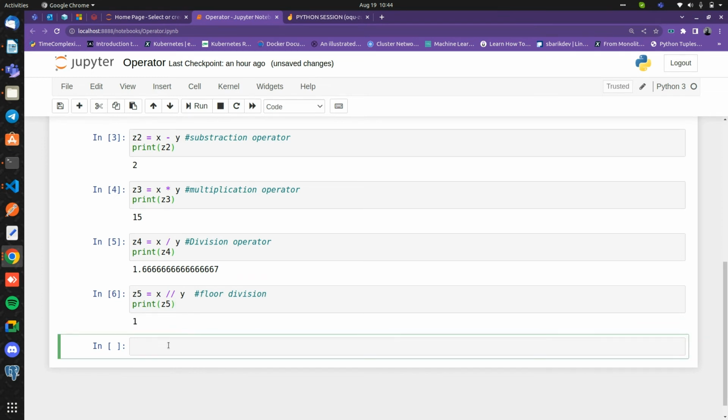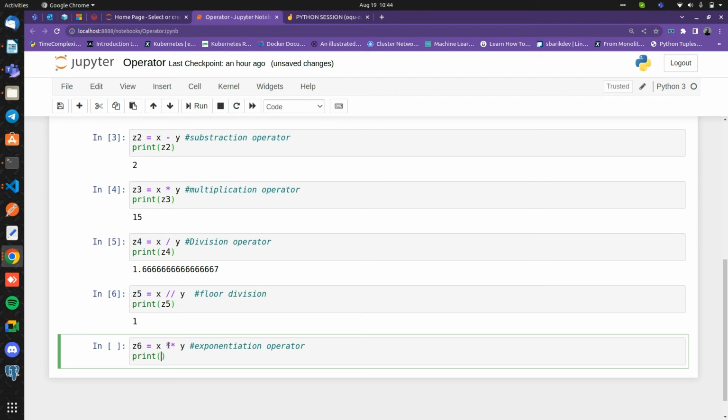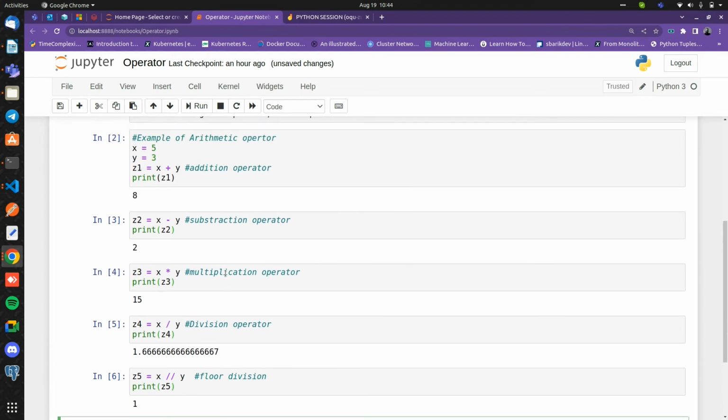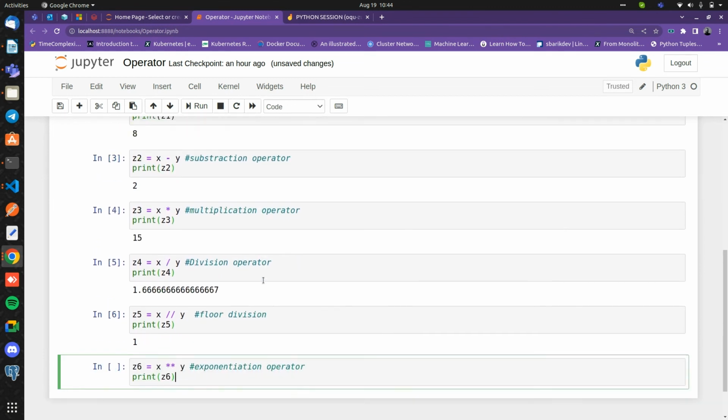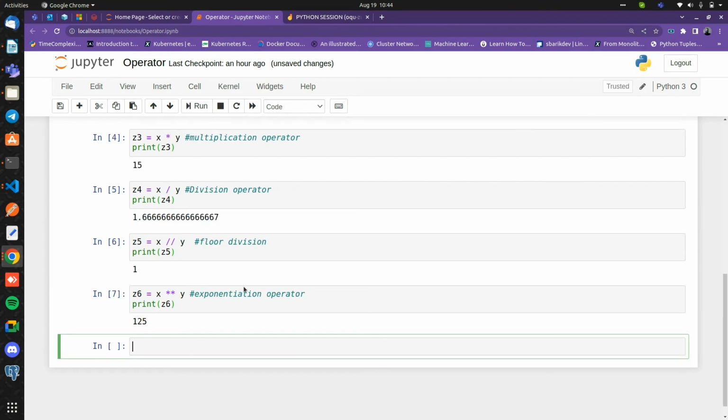Okay, and let's say z6, that is my exponential, x double asterisk y. It's called exponentiation. Let me print z6. It will give me the output 125. That means the output will be 125.